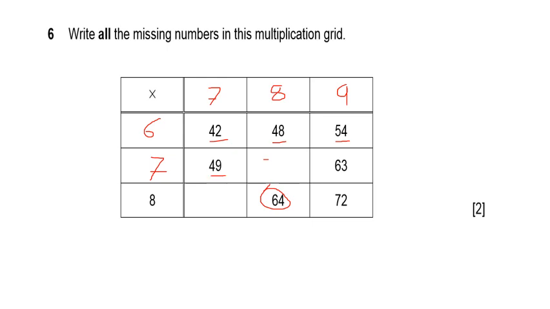Here I have 7 times 8, 56, and 8 times 7, 56. You have to write all of the numbers in the grid. If you have not written all the numbers, if you're missing 1 or 2, 1 point. If you get all the numbers, 2 points.